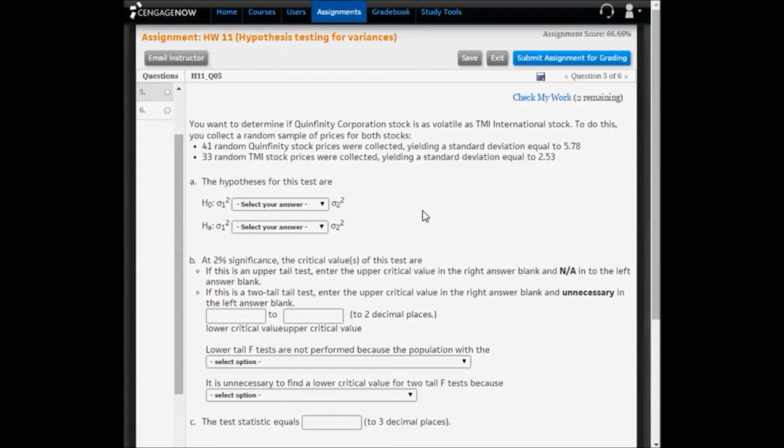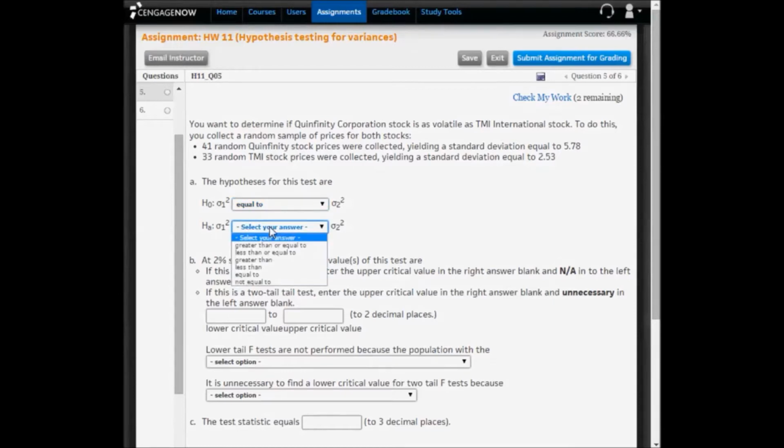If the Quinfinity stock is as volatile as TMI's, then the variances on these two time series should be equal. So the null hypothesis here is the variances are equal to each other.